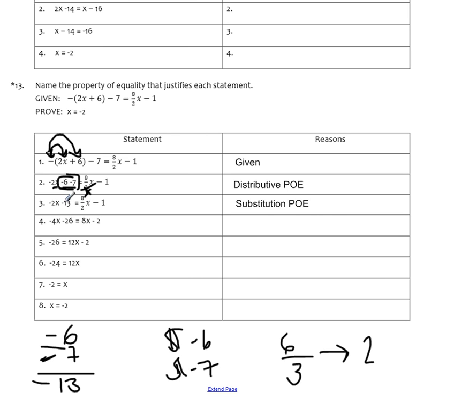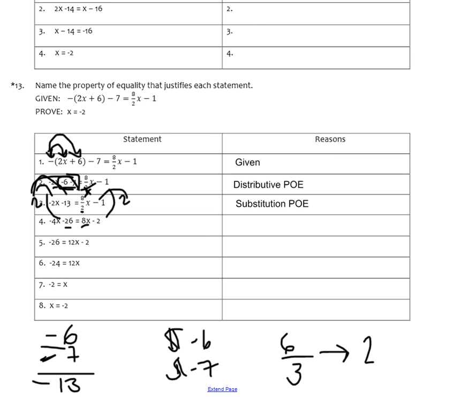And when you undo division, that means you had to have multiplied everything in your equation by this denominator here. So we multiplied the 2 by negative 2, which is negative 4. 2 times negative 13, which is negative 26. 2 times 8/2, the 2 and the 2, numerator, denominator, they reduce to 1. So we're left with 8x. And negative 1 times positive 2 is a negative 2.